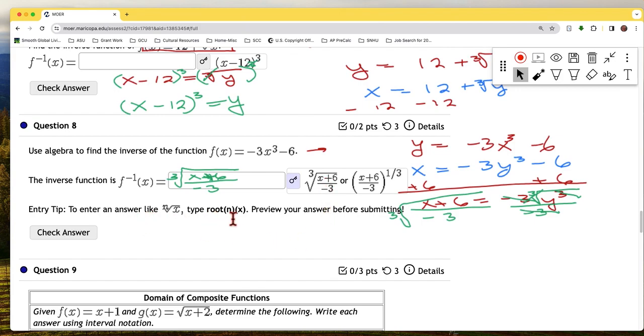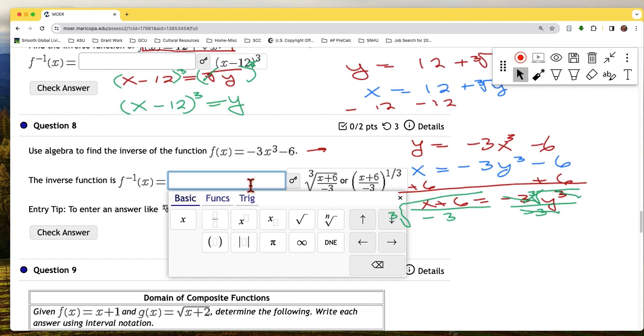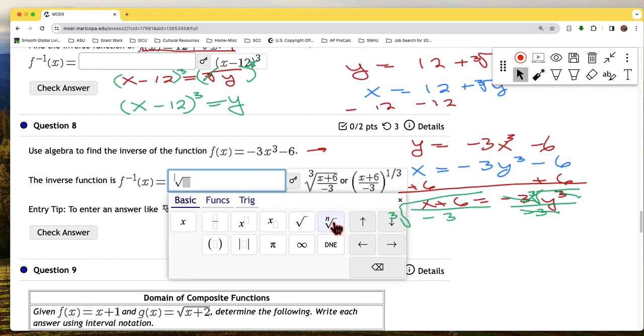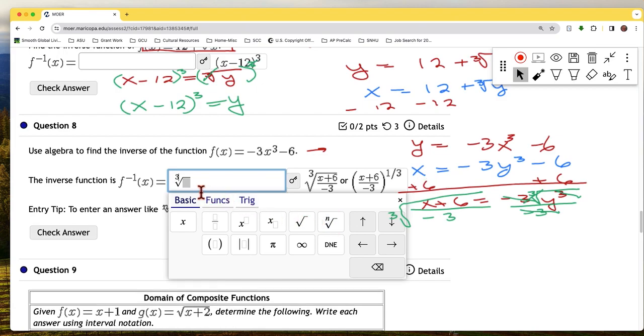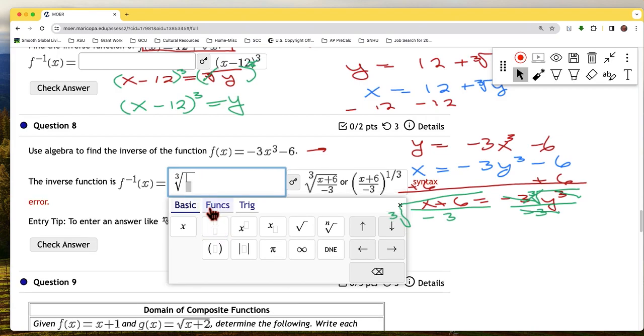To answer like this, type root in x. Maybe I'll show you that. Let's see, how would we type it in? We would type in this one. I think that's easier than using their things. We're going to put this to the third, and then inside we can get a fraction, x plus 6 over negative 3.